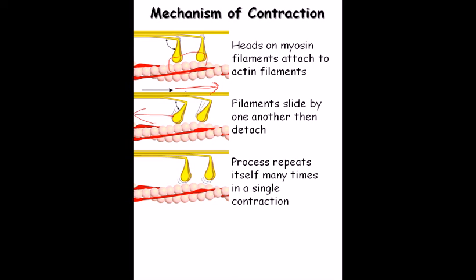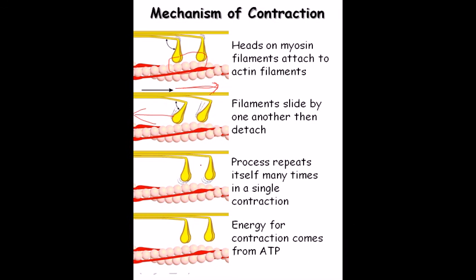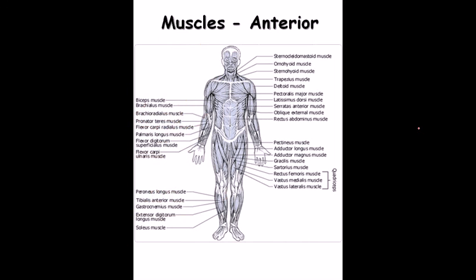Again it attaches, it pushes the actin filament in a particular direction, then again it detaches, and again attachment, again pushing, again detachment. These three steps keep repeating, but the attachment and the force generation need energy. Now the energy is provided by ATP present inside the cell.